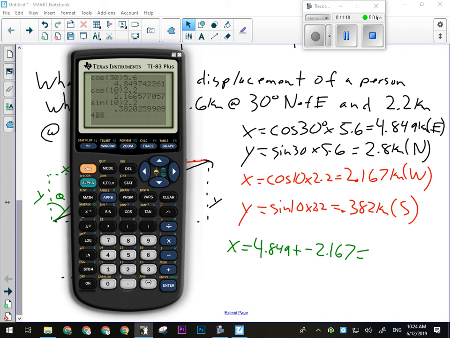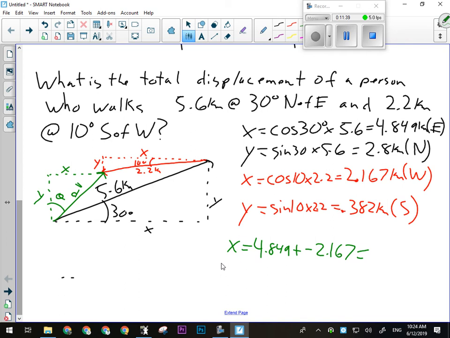So 4.849742261 minus 2.166577. So we've got 2.683 kilometers, and that'll be east, for our green x, which seems about right given my scale.